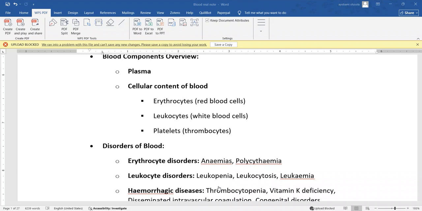So, what are some of the disorders that affect blood cells? We have come across one of these before. A typical example is polycythemia. I think we came across polycythemia in one of our MPC past questions. So, let's first see the disorders that affect erythrocyte. Anemia. There's anemia. So, who can define anemia? Who knows what anemia is?